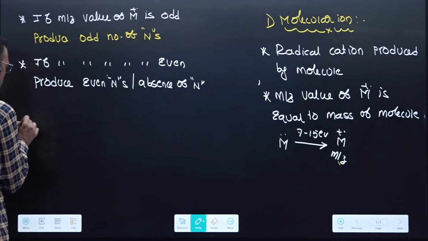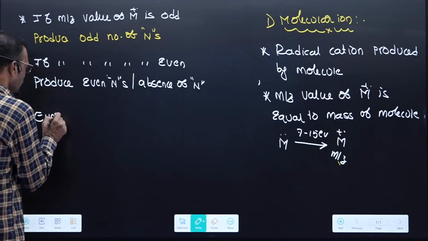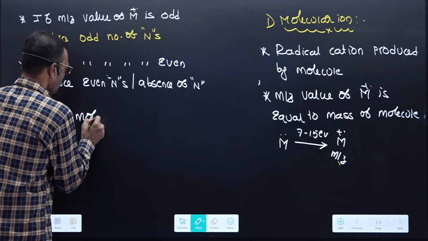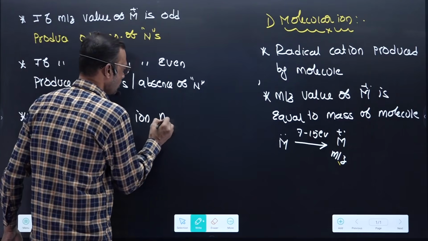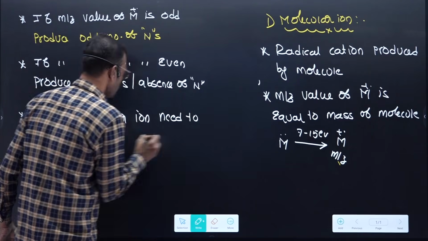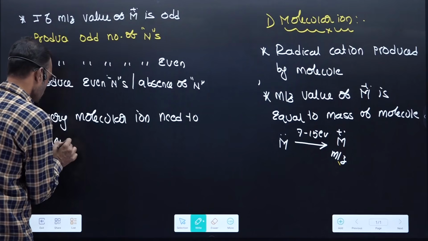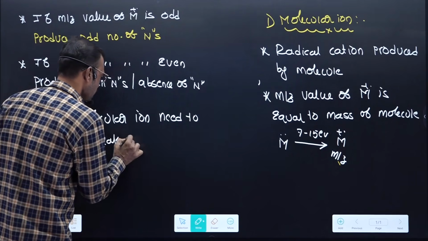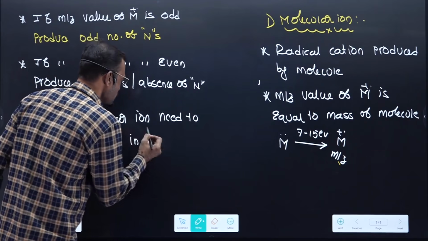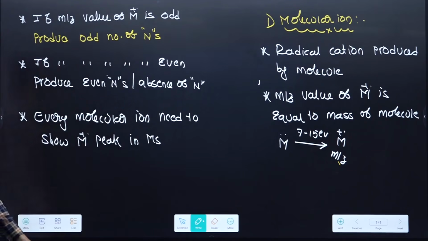Then see, every molecular ion needs to show a molecular ion peak in the mass spectrum. This is a general condition, but it is not mandatory.